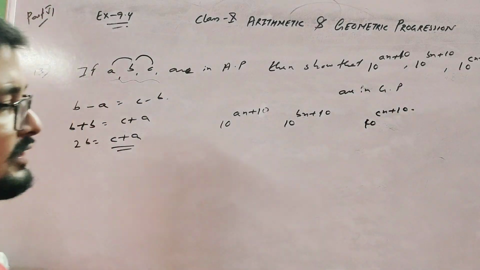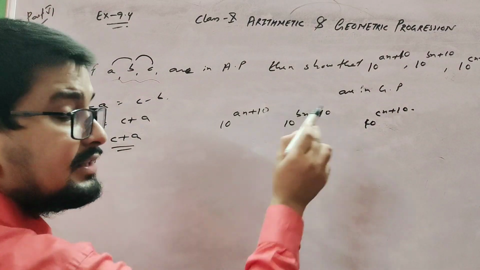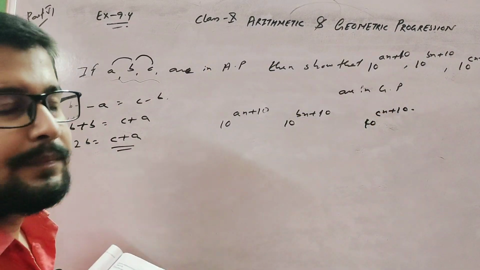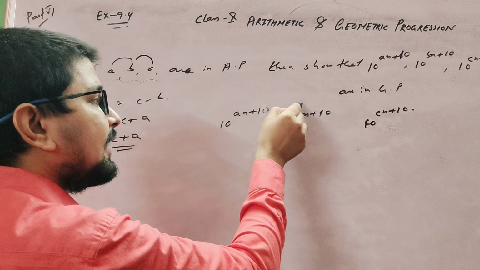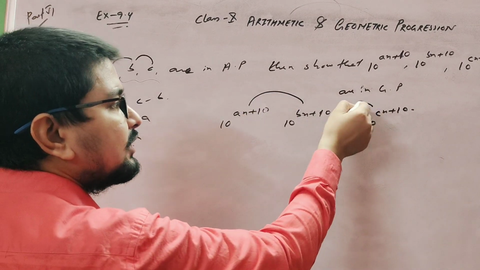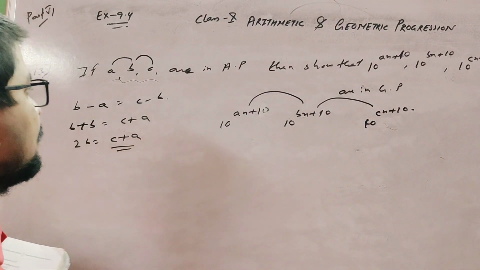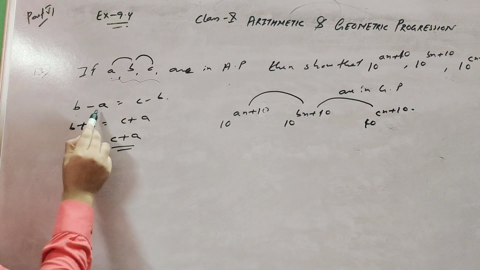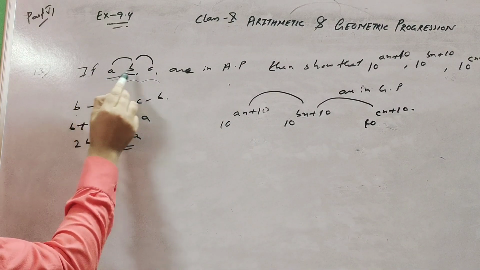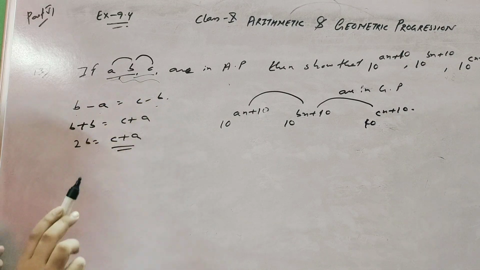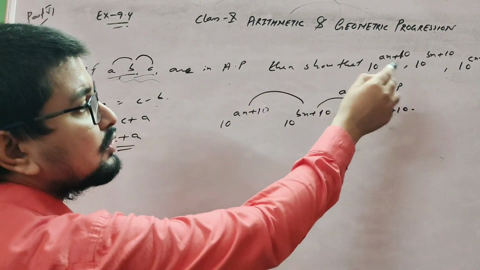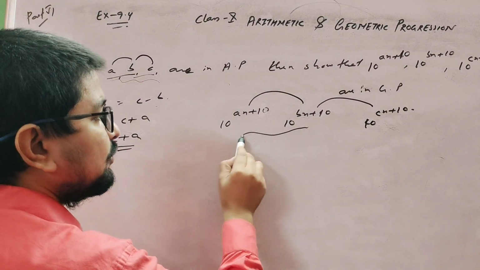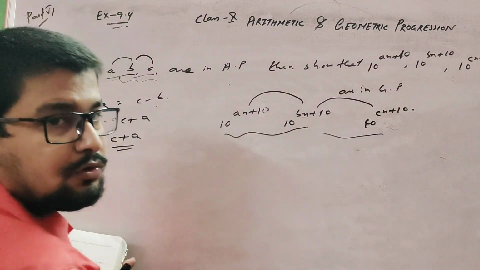If this portion is in GP, that means the ratio between these two and the ratio between these two are equal. Again I repeat, if these are in AP, the difference between B and A and the difference between C and B is always equal. But when they are in GP, the ratio between these two and the ratio between these two is always equal.